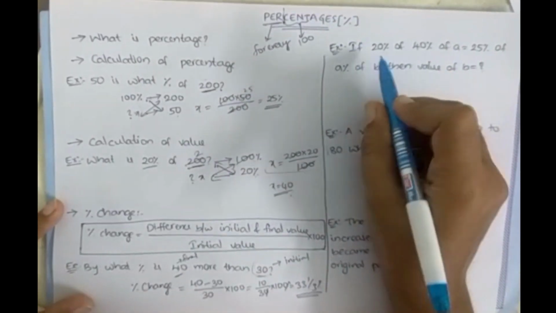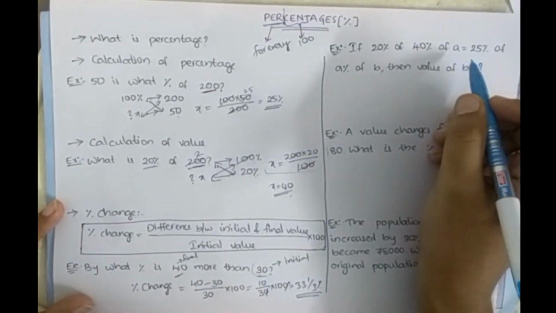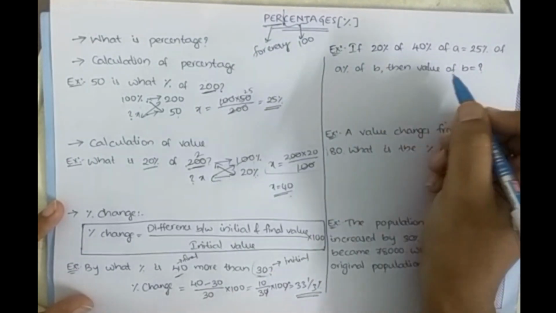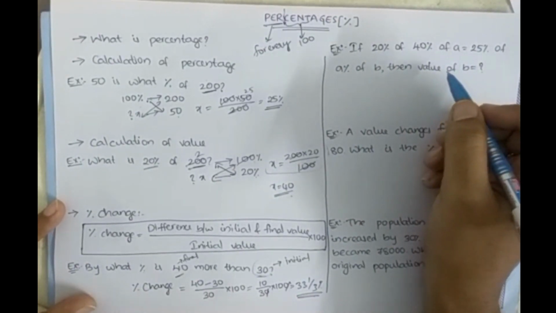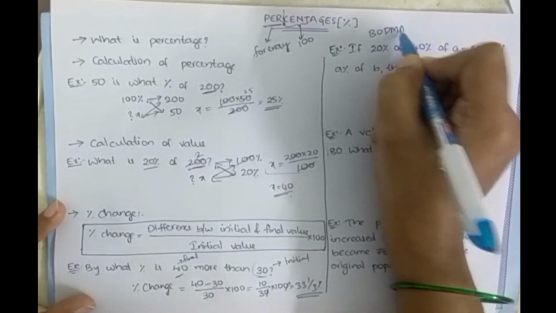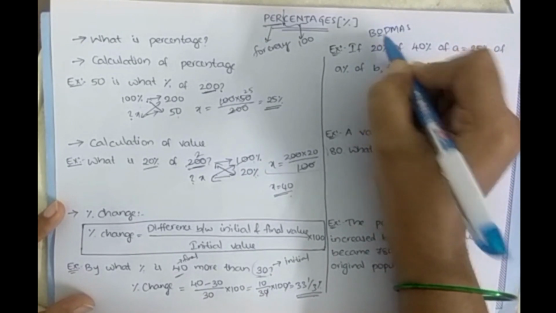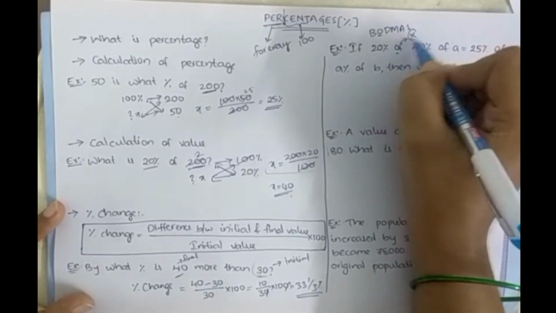Next one is, if 20 percentage of 40 percentage of A is equal to 25 percentage of A percentage of B, then find out the value of B. Here I'm going to take the help of the BODMAS rule, where O means "of", which means multiplication.